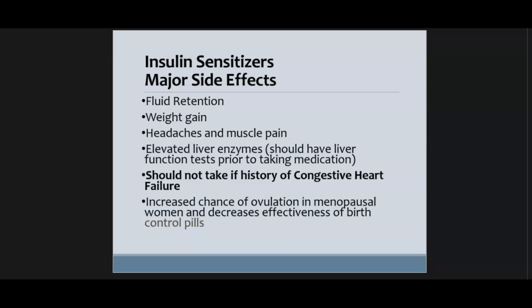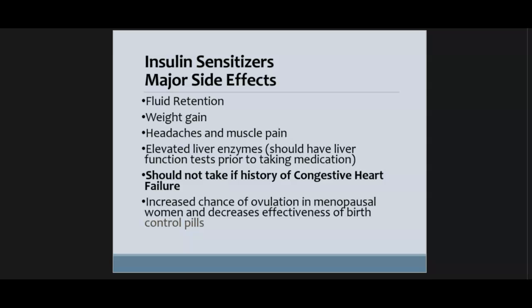So the major side effects there are fluid retention, weight gain, headaches and muscle pain, elevated liver enzymes. So they do check the liver prior to taking these medications. Should not take if there's a history of congestive heart failure for these insulin sensitizers, and increased chance of ovulation in menopausal women, and a decreased effectiveness of birth control.